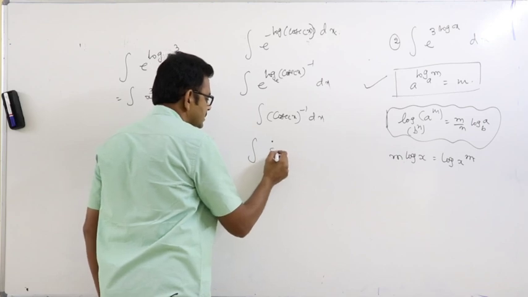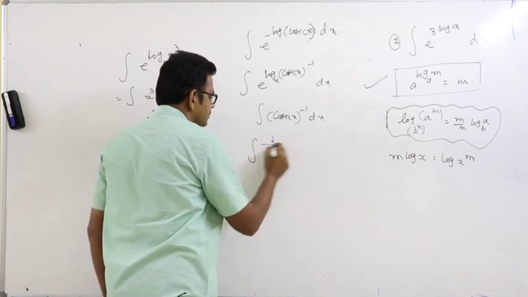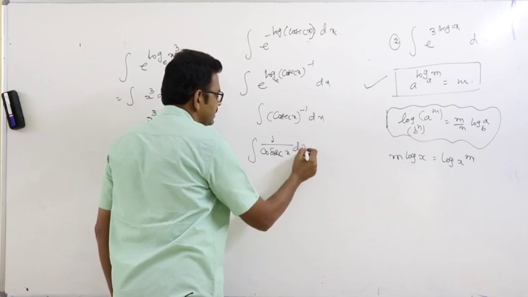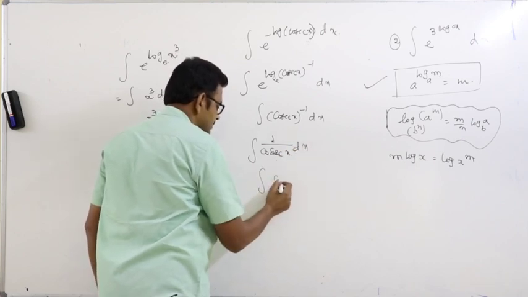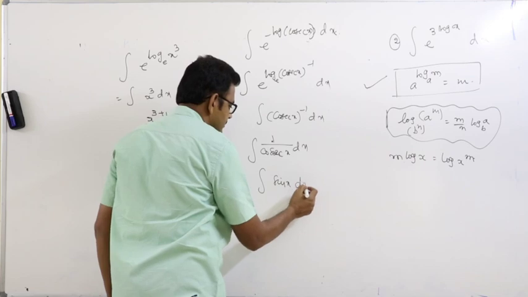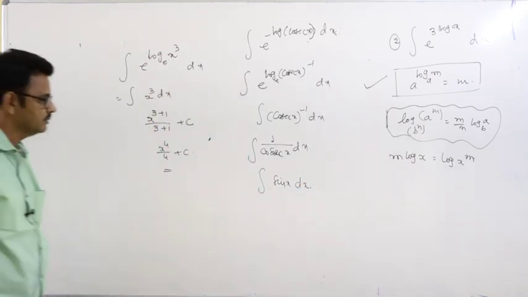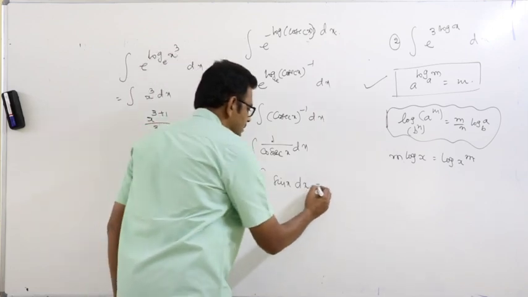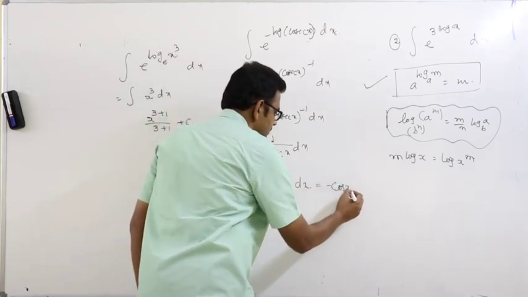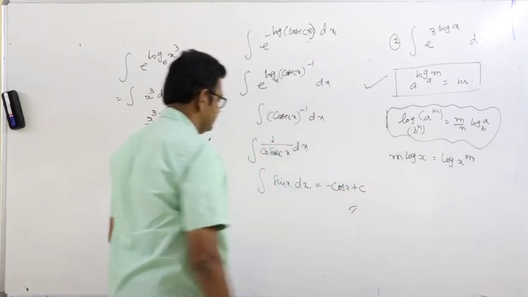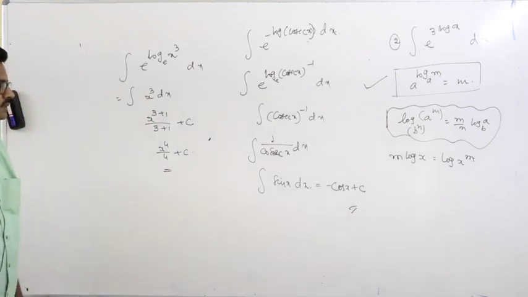So this is 1 by cosecant x dx, that is integral sin x dx. So integral of sin x is equal to minus cos x plus c.